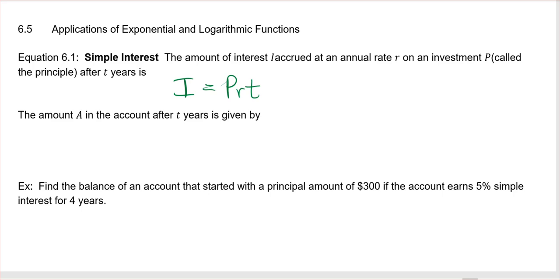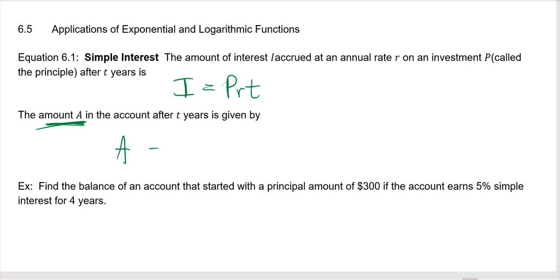Now, we don't really want to say much about interest. Usually, we want to make statements about the amount of money that we have altogether in an account. So the total amount in the account is going to be whatever we started with plus however much interest we've earned.